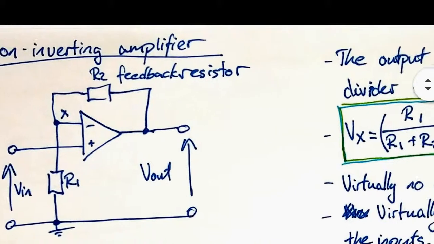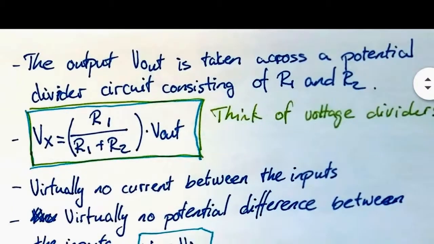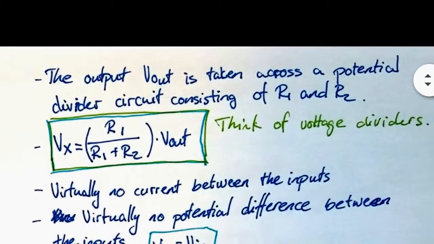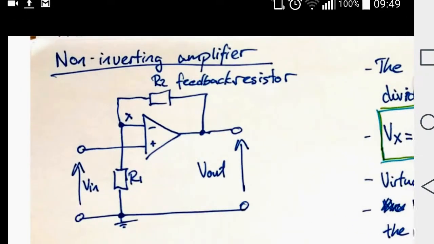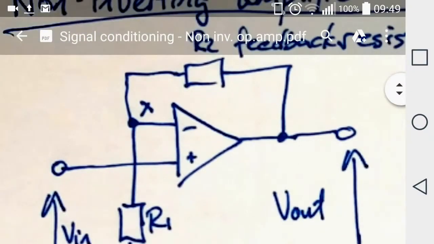Now there are some notes here. The output voltage is taken across the potential divider circuit consisting of R1 and R2, where you can say that the voltage potential at the node X, to say exact, between the two resistors.